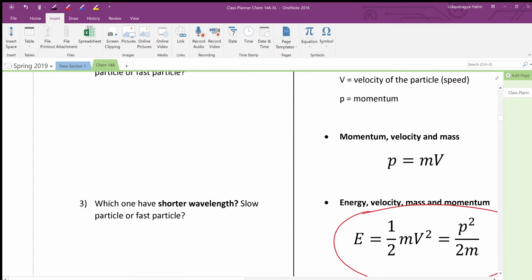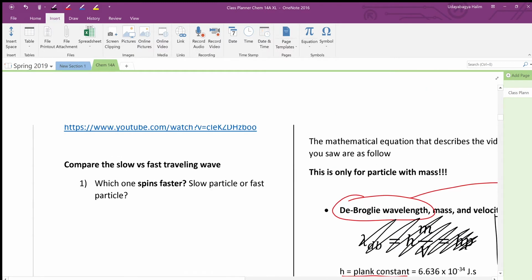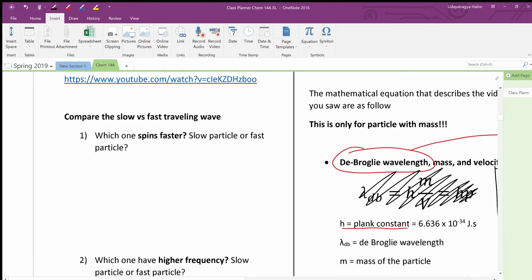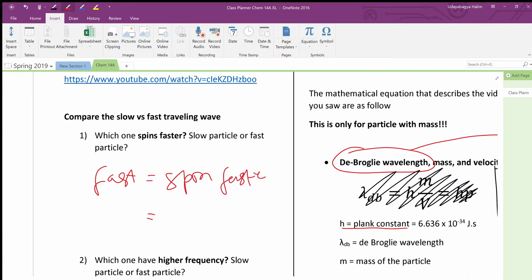The fast particle spins faster. Yeah. And the fast particle has a higher frequency. Yep. Spinning faster means it has high frequency. And then it'll also have a shorter wavelength. The fast particle. Yeah. Yep. It has to do with the probability.